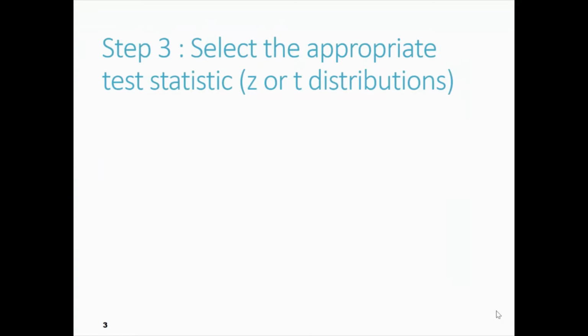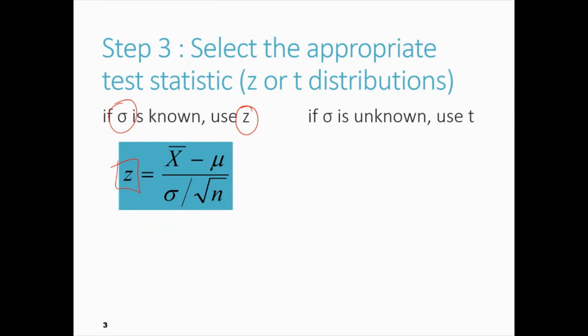Now, for step 3, when you decide whether you're doing the Z or the T distribution, and this is already a video on its own, just as a reminder, if you have the population standard deviation, then you are going to use your Z for your critical value, and you will calculate the Z of your sample.